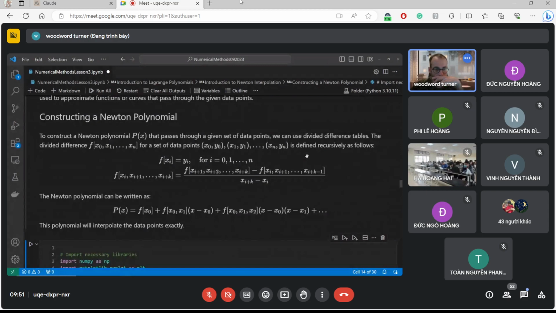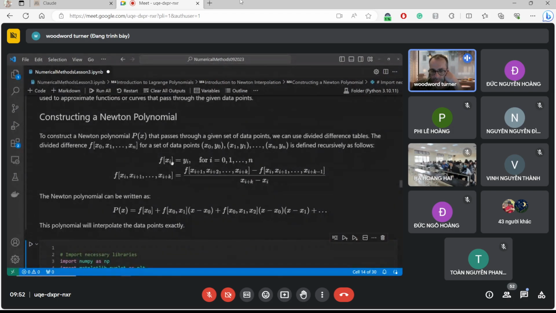So let me kind of explain that a little better. So let's say we have a set of data points, x0, y0, x1, y1, xn, yn, and we can define this recursively as follows, right? So f(xi) would be yi, right? And then for all i. So that's pretty straightforward.